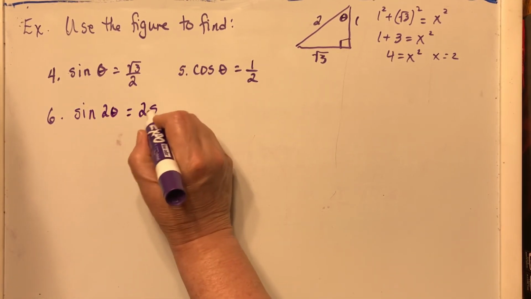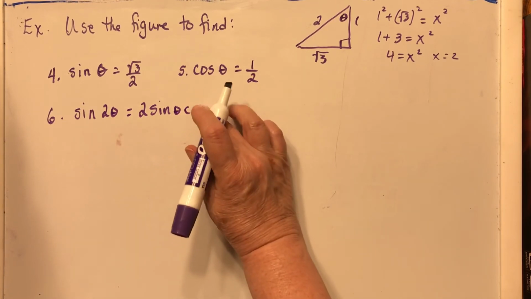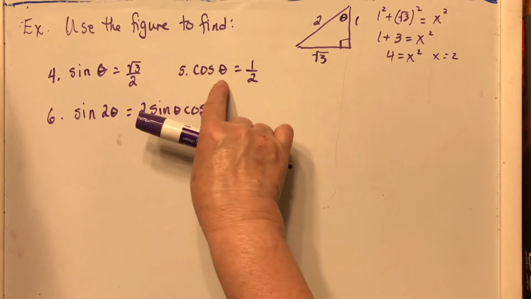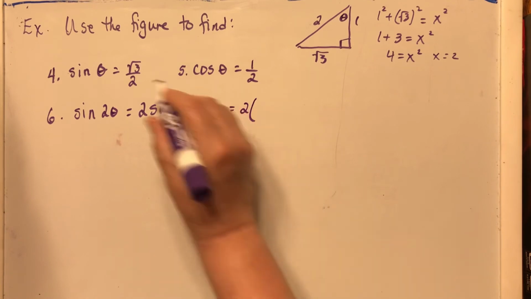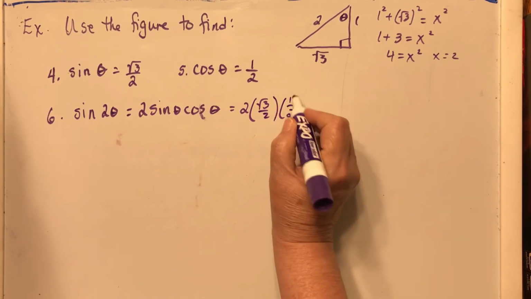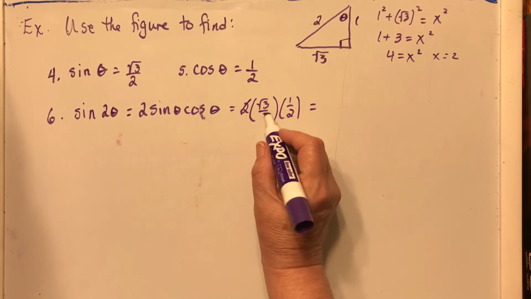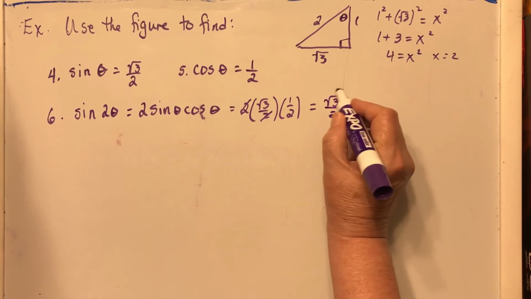And again, the formula is 2 times the sine of theta times the cosine of theta. And aha, that's why they asked us to find these two things first. So that's going to be 2 times the square root of 3 over 2 times 1 over 2. So I can do some canceling here. I'll cancel these 2's. So I'm left with just the square root of 3 over 2.